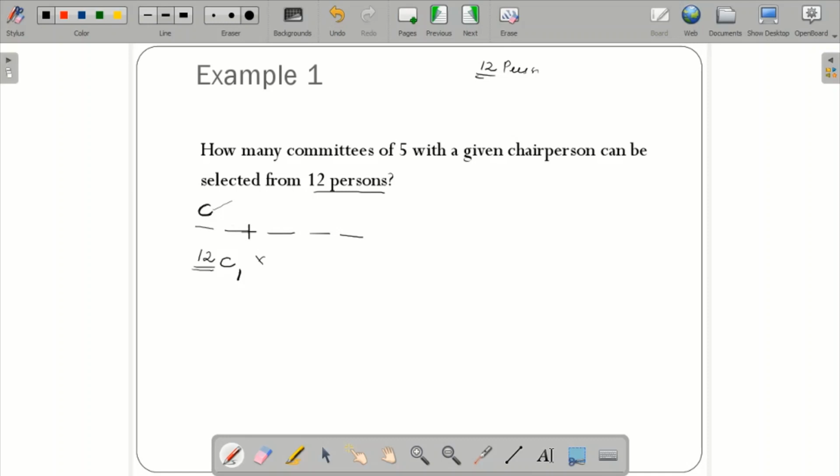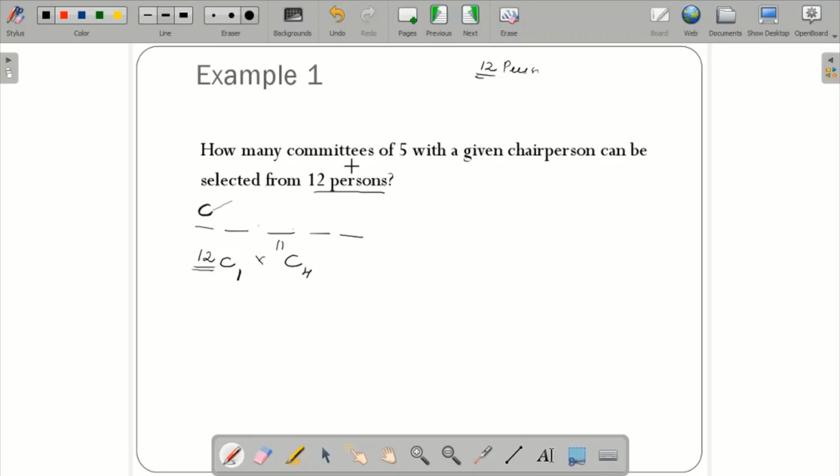So how many places are left? It is 4. Out of how many members? Since one person is already taken as chairperson out of the 12, the remaining is 11 members. So it is 11C4. So 12C1 into 11C4 is the answer to this particular question.